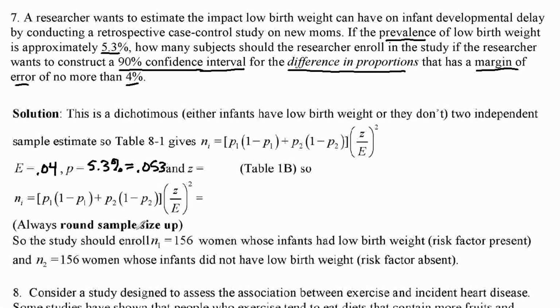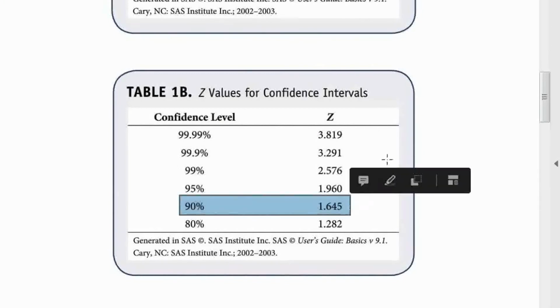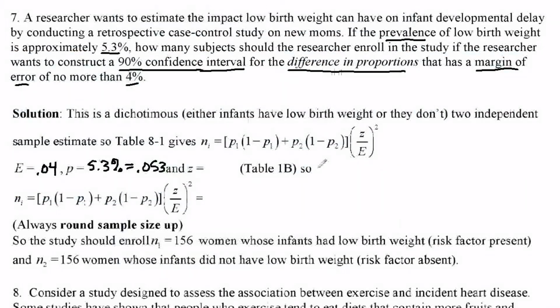And that prevalence is going to be the same in both the control and the treatment group. And then the z-score that goes here with 90% confidence comes from table 1b. Table 1b is our z-values for confidence intervals, 90% confidence interval, 1.645. So z here is 1.645.